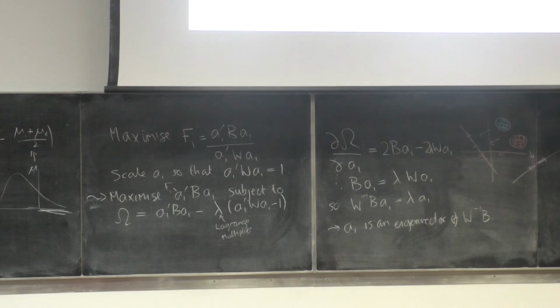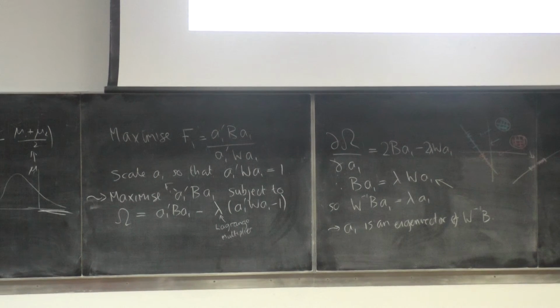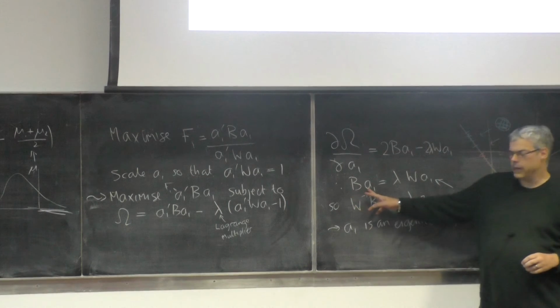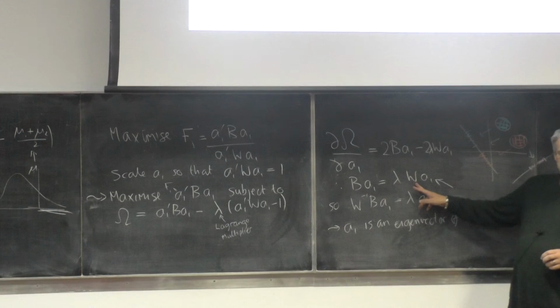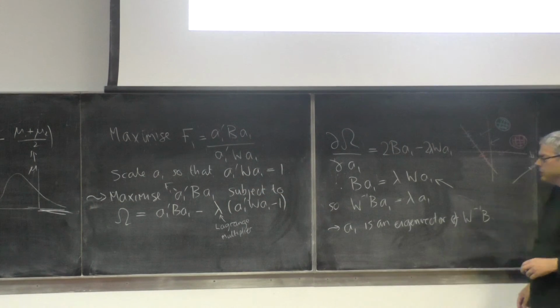Excellent. So A1 should be this direction. So can we say more? Can we read off what F is? Well, yes. If I go back to that line and multiply by A1 dash, it says that A1 dash BA1 is lambda A1 dash WA1, but A1 dash times WA1 is just 1.